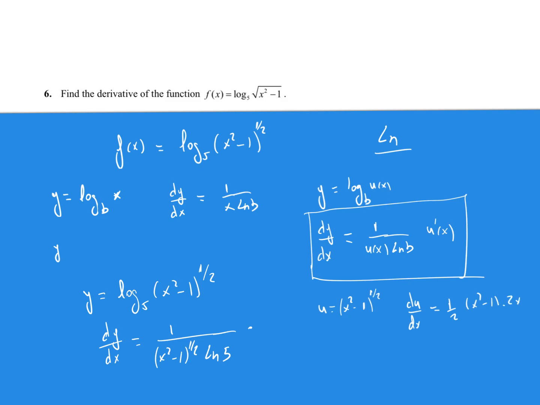So the 2 will cancel, and I will have that the derivative of u with respect to x is x squared minus 1 multiplied by x. So I have to put this derivative here, x squared minus 1 multiplied by x.